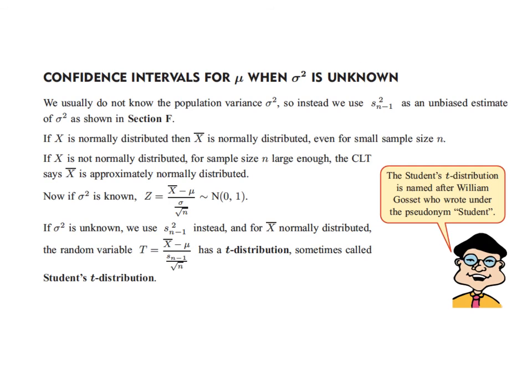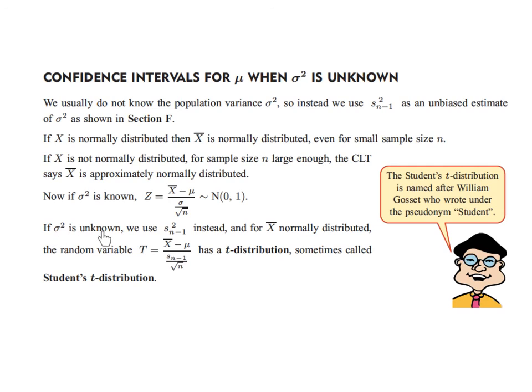Please pause and read this part. The big idea here is that we'll carry the same process, but when we look at the test statistic, when sigma square is known, the test statistic will be on a z distribution, on standardized normal distribution.